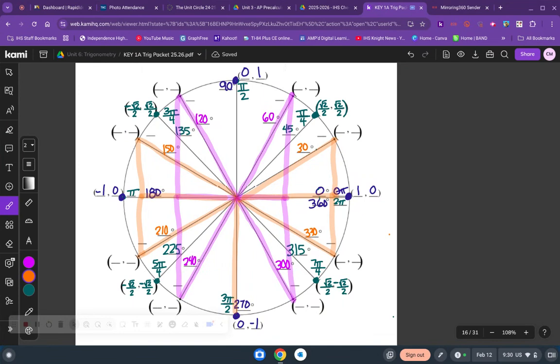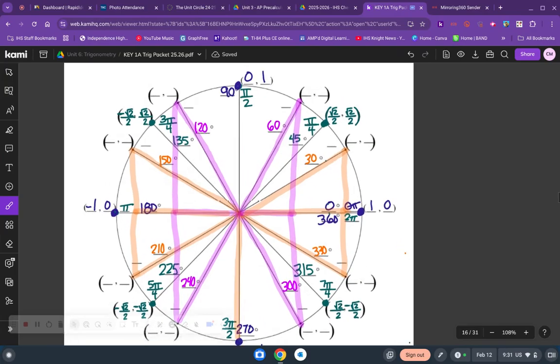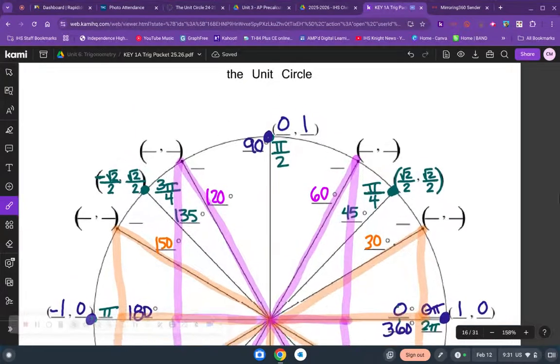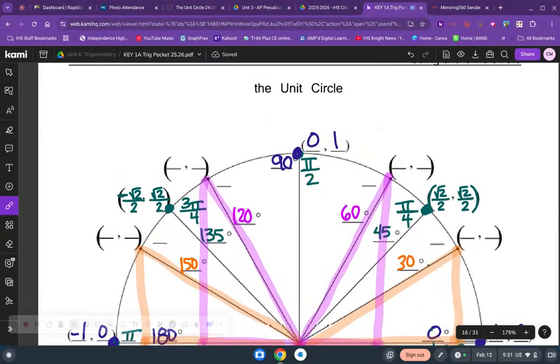All right, so going back through to put in the radian measures. For 30 degrees, if I convert 30 degrees into radians, I get pi over 6. So 30 degrees is pi over 6 radians.